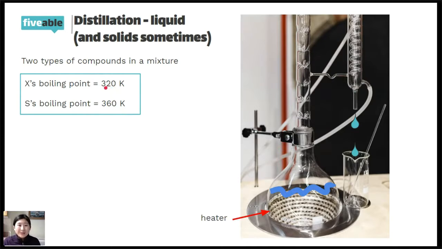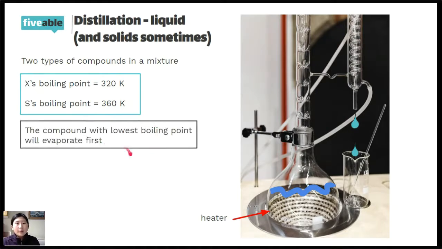Because imagine if we were to heat past 320, and if we were to heat into 360, then both of the components will be evaporating. Then that will not be what we're trying to do. So we're trying to stop at the temperature of the first component's boiling point, so that we can separate those two compounds.